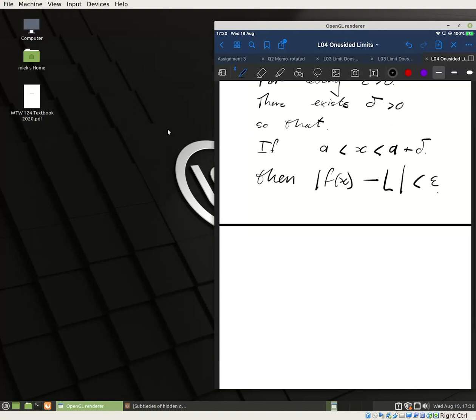So the idea here is, if you've got some function defined on an open interval from a to b, let's say the graph of the function looks something like this, and like so. L is over there.